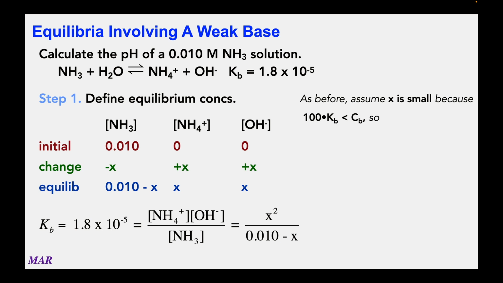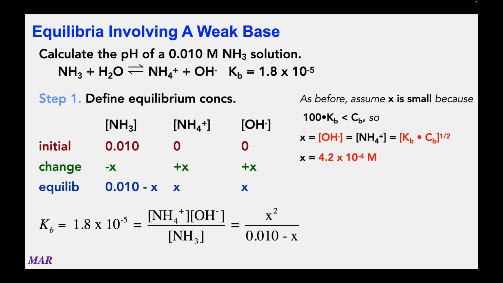And that number is less than Cb, 0.010, which is 1.0 times 10 to the minus 2. Now, Cb and 100 times Kb are getting closer to each other. However, 100 times Kb is still less than Cb, so you are welcome to get rid of that minus X.